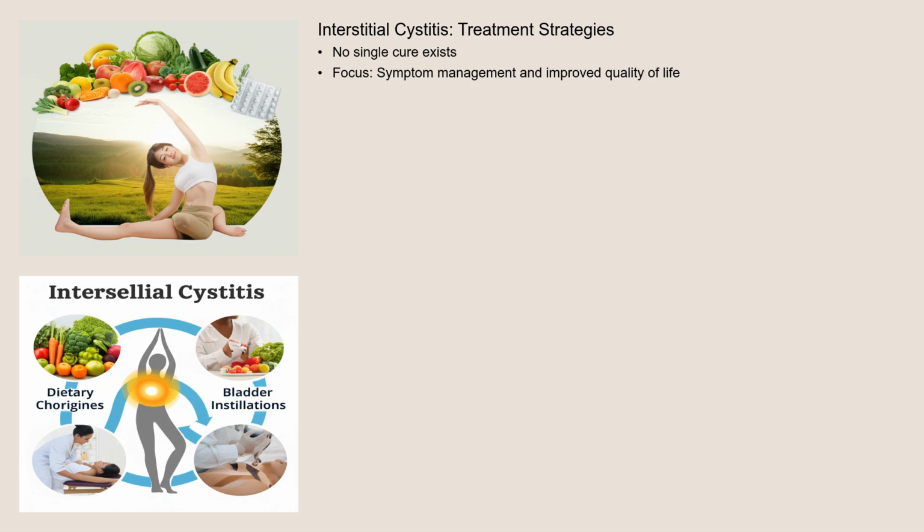Medications such as pain relievers, antihistamines, and bladder protectants like pentosan polysulfate sodium are commonly prescribed. Bladder instillations, where medication is directly instilled into the bladder, can also be effective. In severe cases, surgical options such as bladder augmentation or urinary diversion may be considered, but these are reserved for individuals who haven't responded to other treatments.